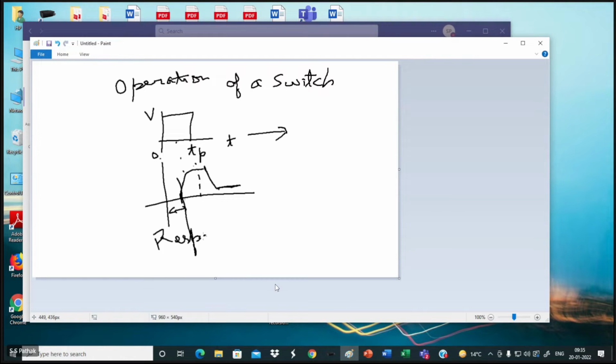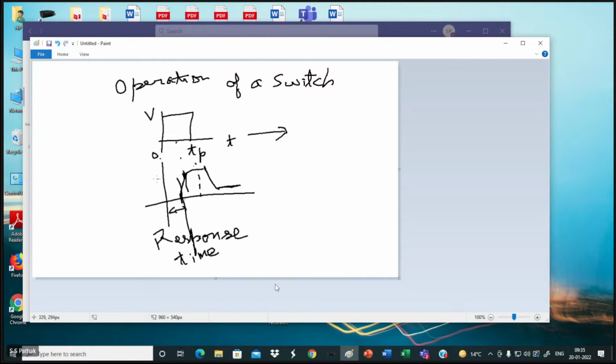That's why several switches are coming: relays, CMOS switches, nano switches, all these things are coming to control this response time. It should be as fast as possible, but practically it has some response time. After the response time, it builds up to some voltage here, not fully.